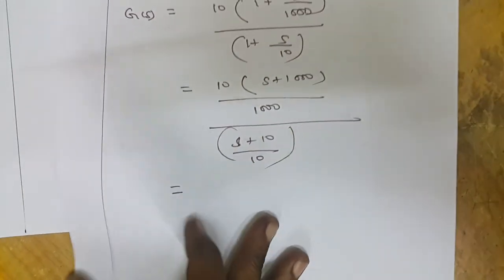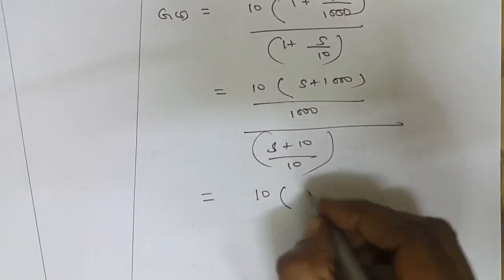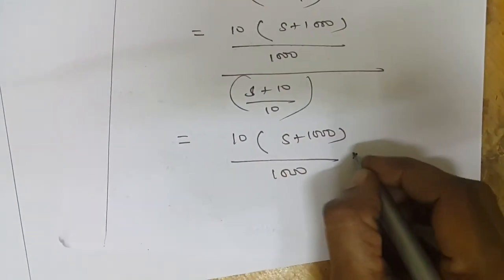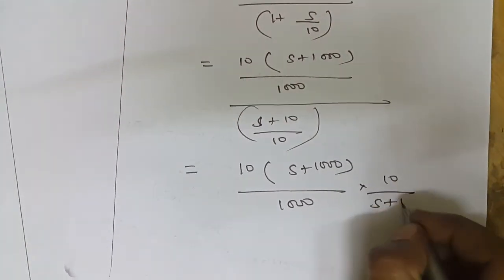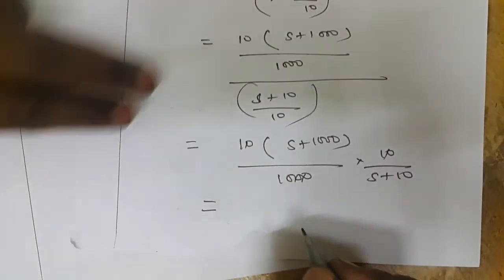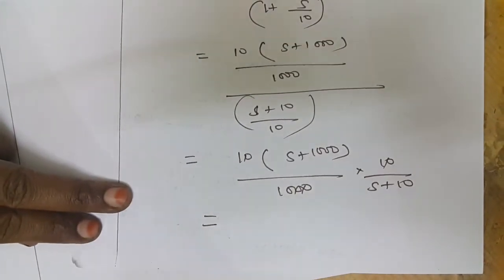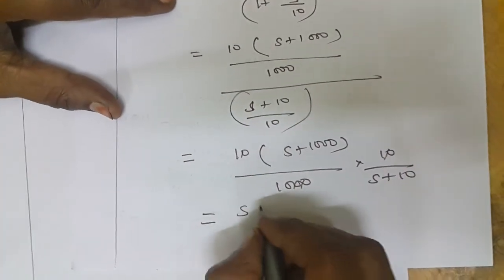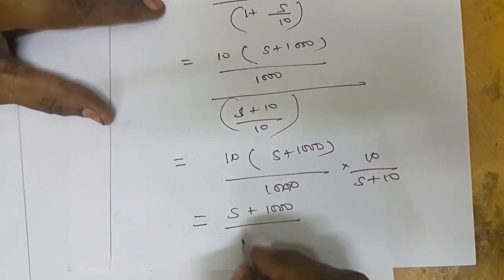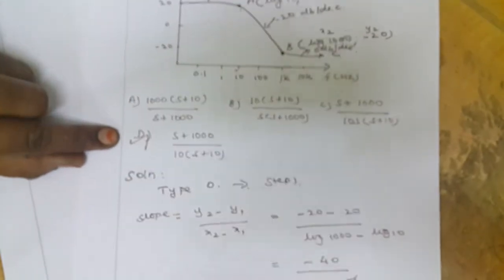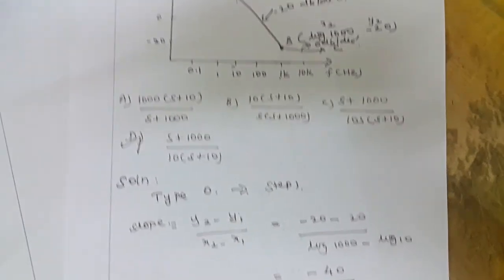Finally we get 10 into (s plus 1000) by 1000 into 10 divided by (s plus 10), and here the 10 and 10 cancel, and we get (s plus 1000) divided by 10 into (s plus 10). Which is nothing but our option D. So option D is the correct answer. Thank you.